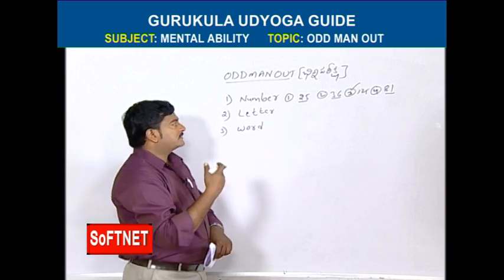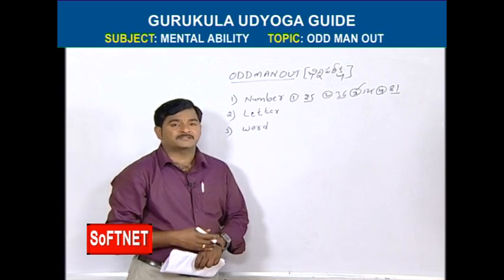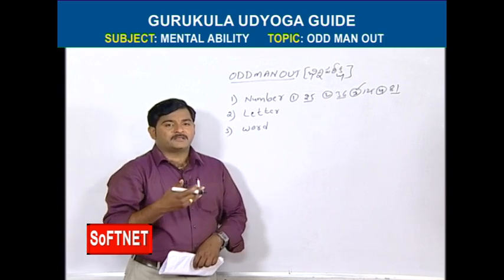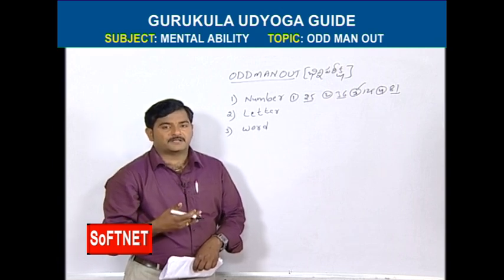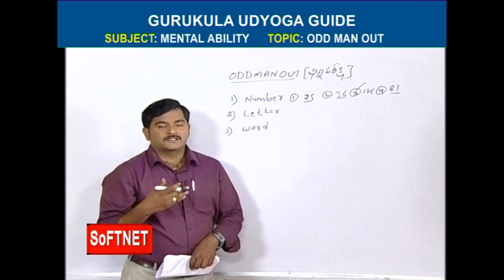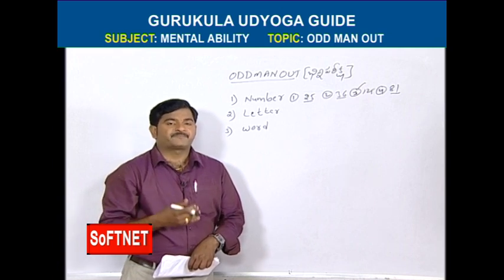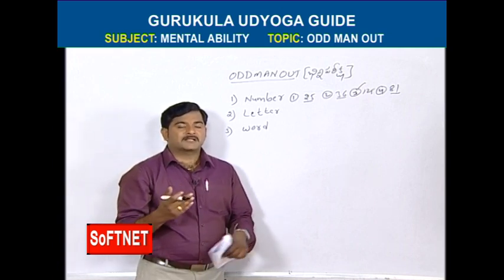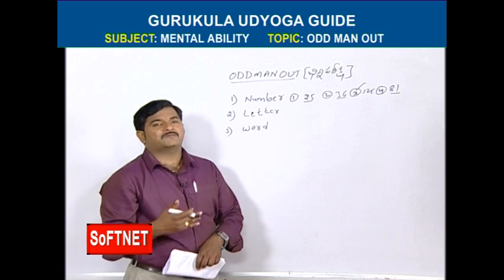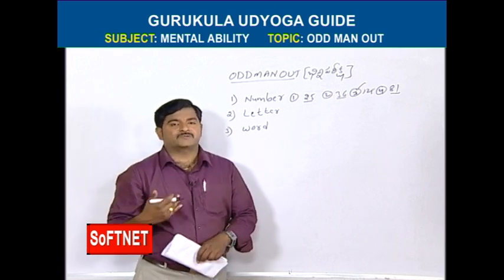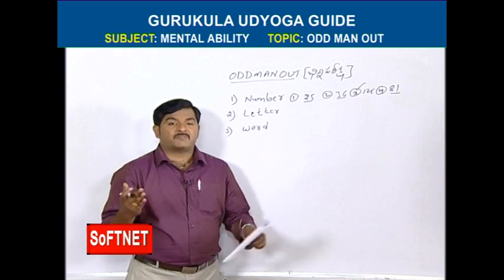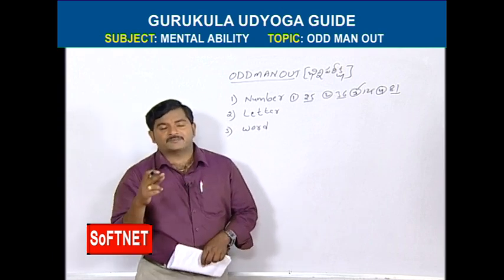Here again the concepts we used in number series are useful: even number, odd number, prime number, composite number, squares, cubes, squares minus 1, cubes minus 1, n square plus or minus n, n cube plus or minus n square, and so on. Also the alternate concept, sum of the digits concept, and product of the numbers concept.